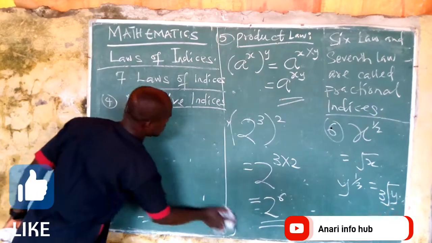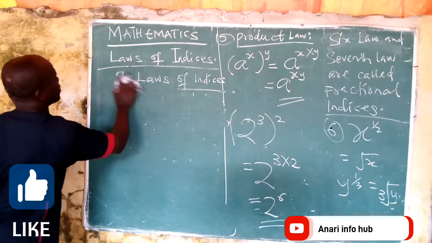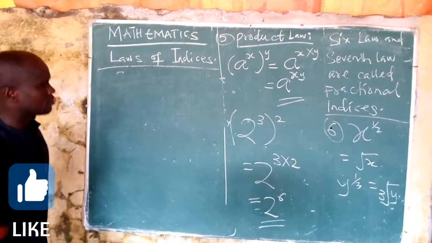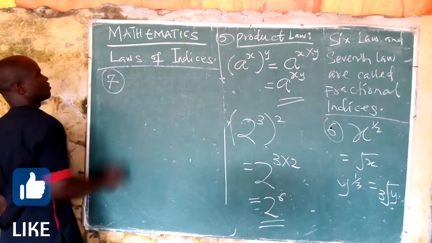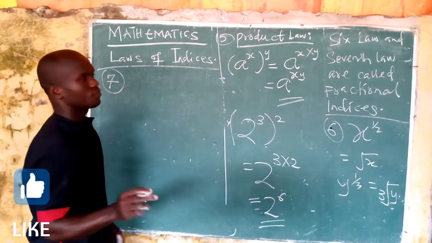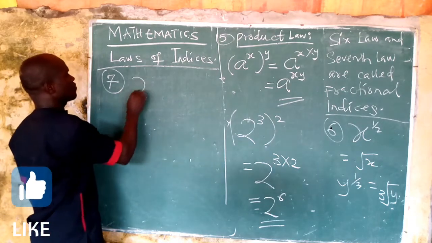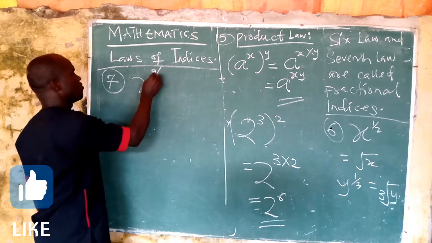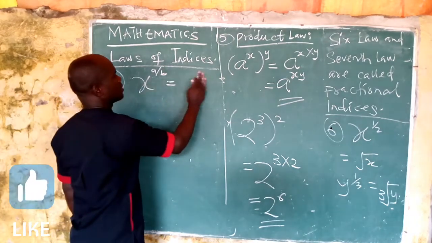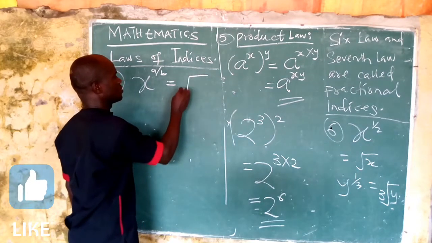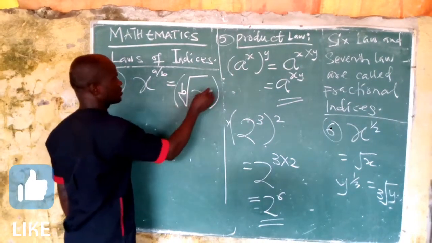Next one is law number 7. That is the last, but not the least. Remember, law 7 is equally called fractional indices. So law number 7 says if I have x raised to power, let's say a over b, this means the b-th root of x, all raised to power a.